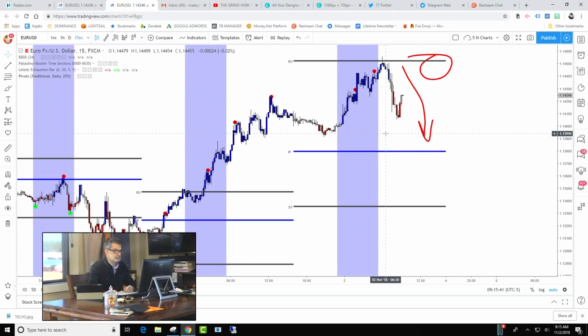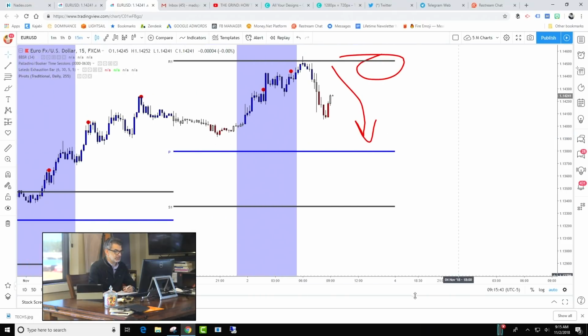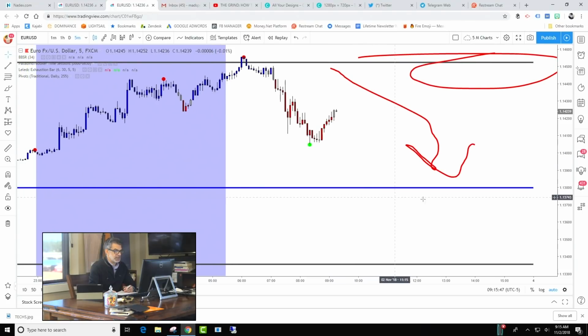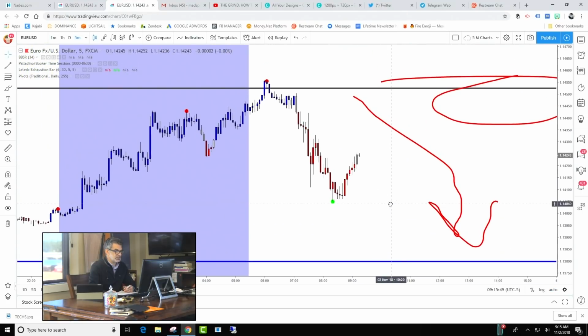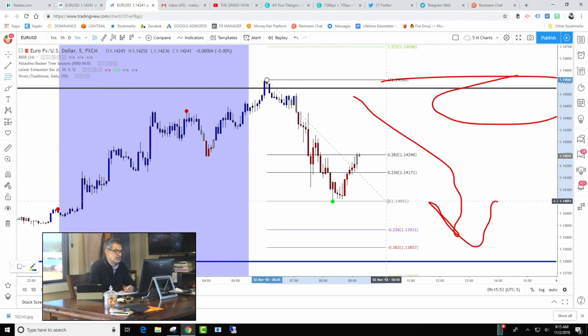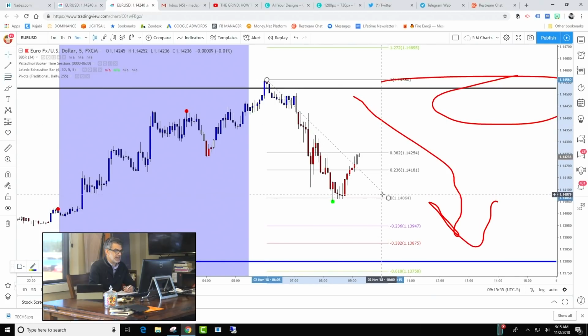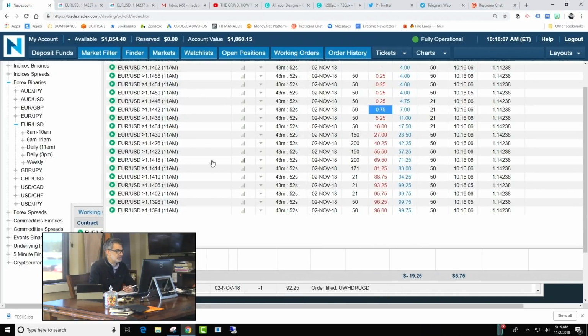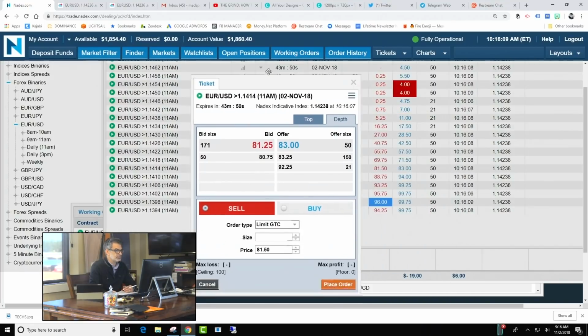So I really, really, really like shorting the euro, and I want to get myself ready to do that again. Like I said, if it hit 14.25, I might set up another contract, and it did that. It hit 14.25. So let's see if I can get another one. 14.22, 14.18, 14.81.